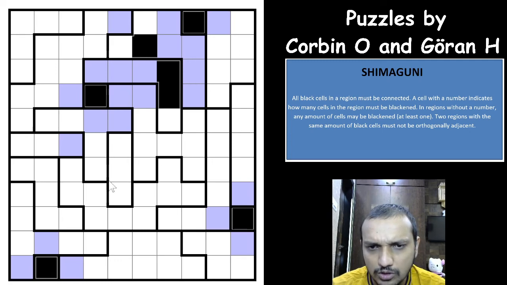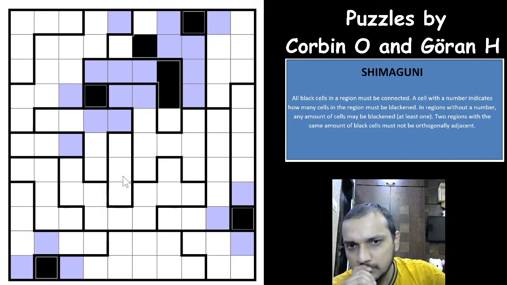This cell is not touching a one cell shaded region, right? That is actually quite tricky here. I'm not sure what I am missing here, but okay.